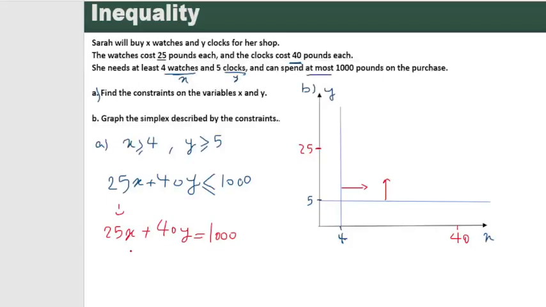When I put x equals 0, I get y equals 25, and if I put y equals 0, I get x equals 40.